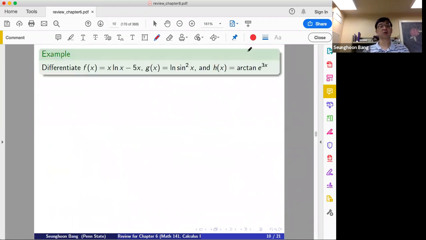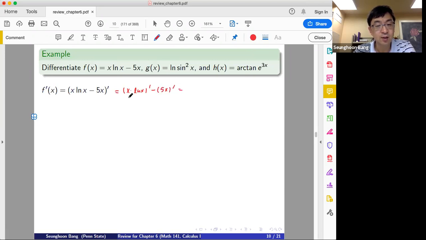So let's think about this one. How can you find the derivative of f? First, you can split it: the derivative of x times ln of x, minus the derivative of 5x. Next, this one uses the product rule: x prime times ln of x, plus x times ln of x prime, minus the derivative of 5x, which is just minus 5.